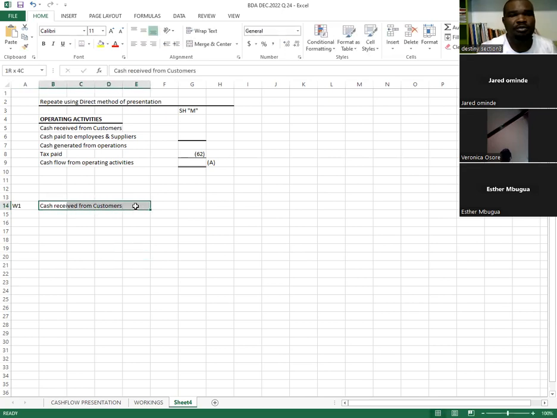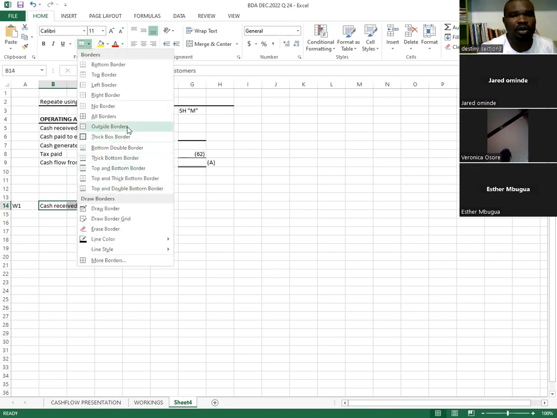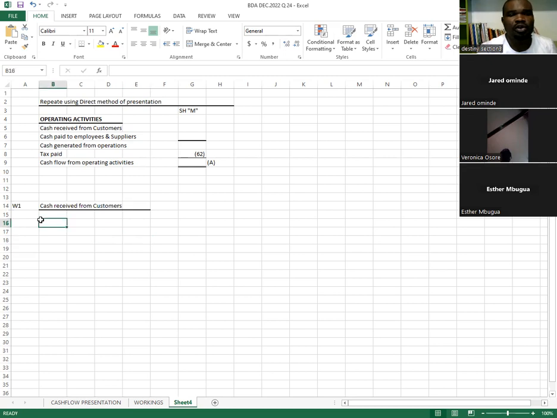So cash received from customers, how do you work that out? You reconcile the trade receivables account. For you to get the cash from customers, you reconcile the trade receivables account. So you'll start by saying trade receivables brought down.